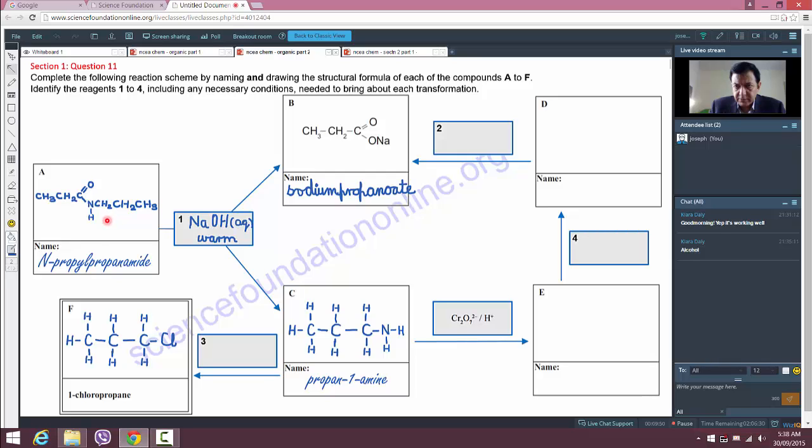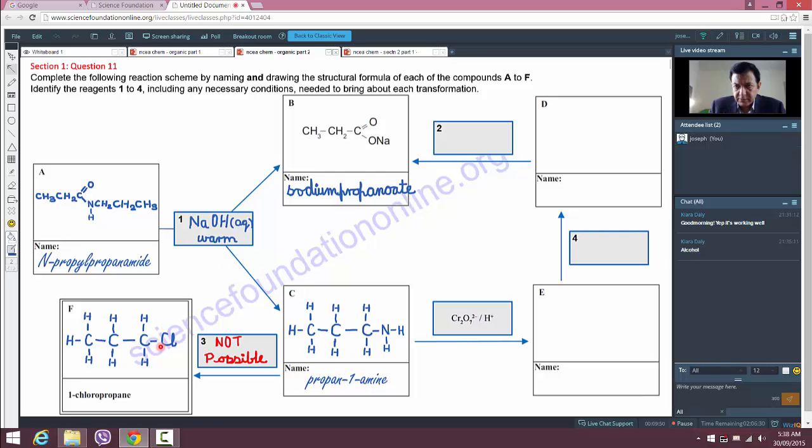Okay, now if you heat an amide with a base like sodium hydroxide solution, in addition to getting the sodium salt of the alkanoic acid, the other organic product that you get is the amine that went into producing that amide. So the amine in this case will be propan-1-amine.